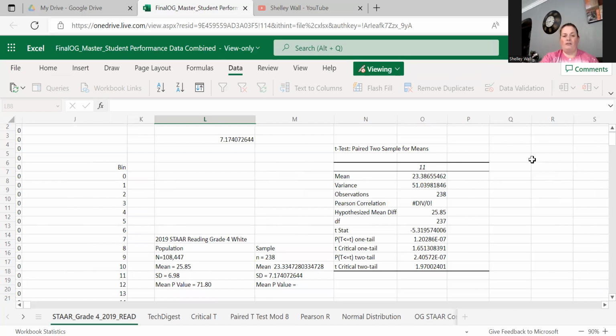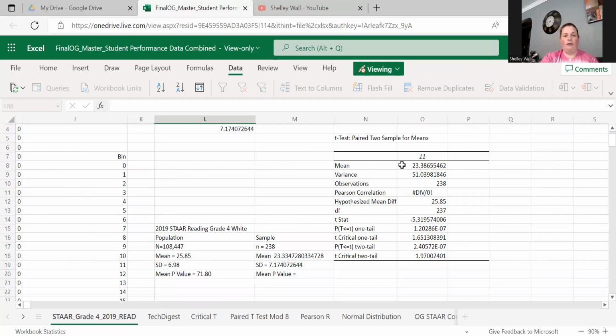So let's talk about what this gives me. Before we do that, I'm sorry for not pointing this out earlier. As I told you, my sample size, which is this district of 4th graders, is 238 students. If you look at our population, the capital N, this is for the entire state, there's 108,447 students.